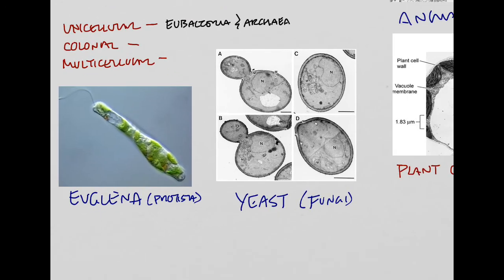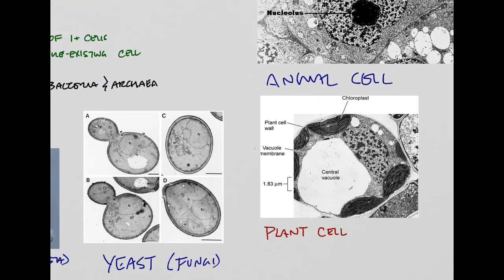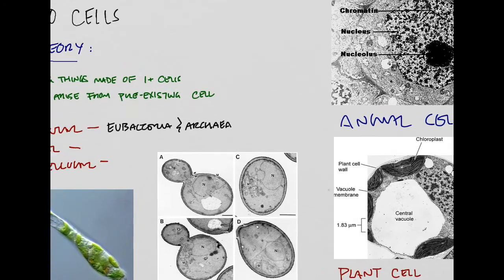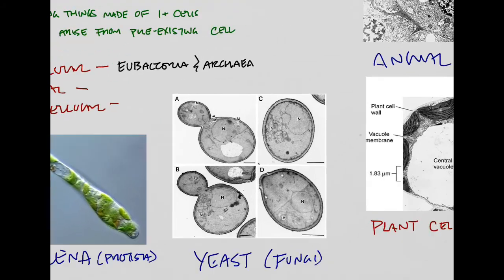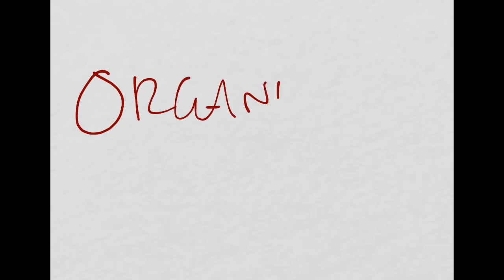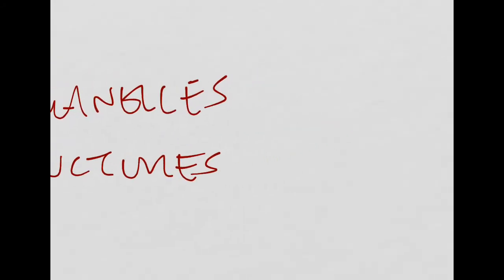So anyway, we are going to get more and more into these cells. We're going to find out what each one of these little bits and pieces inside of the cell do, and these are called organelles. They're not all organelles. You should understand that there's a difference there. There certainly are organelles, but some of the things we just call structures. And the difference here is a very important one. Organelles are things that are membrane bound.